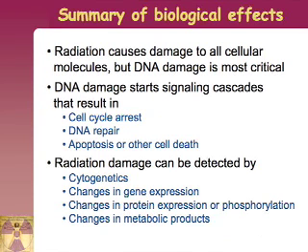And we can use these changes that we know happen to the cells to detect radiation damage and possibly dose using some of these approaches: either cytogenetics, changes in gene expression, protein expression, or phosphorylation, or possibly even metabolic byproducts. And so that's the whirlwind tour of biology.